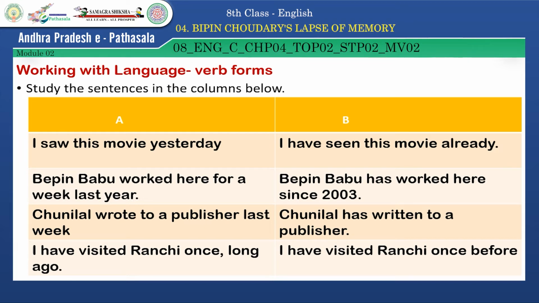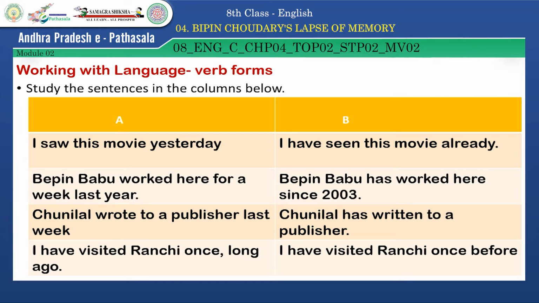In I have seen this movie already, we might be watching this one, or he might be watching that movie, and he is saying that he had already watched that movie. So this has relevance with the present action. So this is present perfect. Now the second one: Bipin Babu worked here for a week last year.